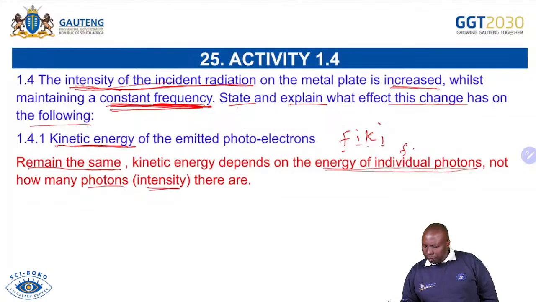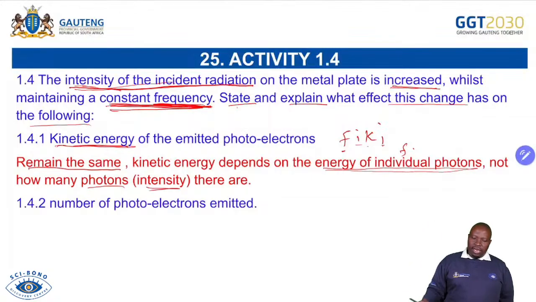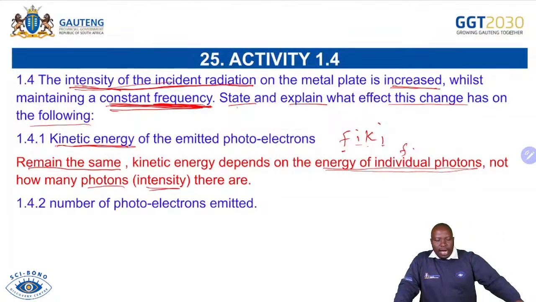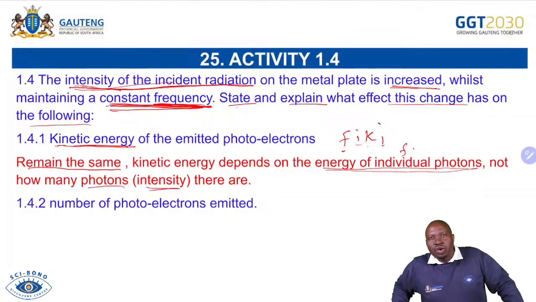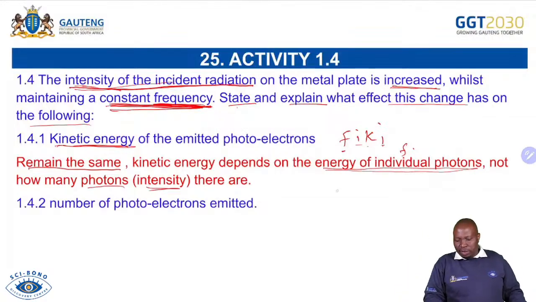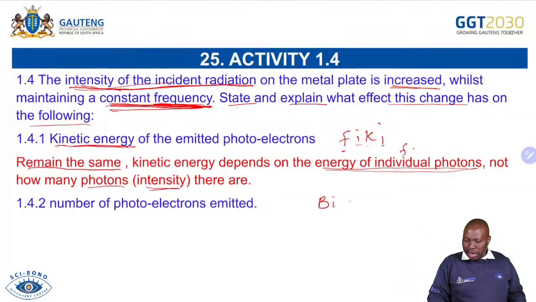Now, let's move on. The next one is asking, what will happen to the number of photoelectrons? Very interesting. Remember we said there that as you increase the brightness or the intensity, the current will increase, which means the number of photoelectrons per unit time will increase.